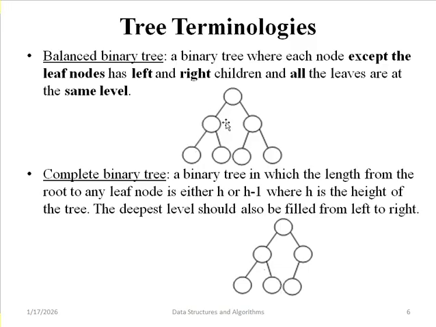For example, let's say we have 7 nodes: 1, 2, 3, 4, 5, 6, 7.